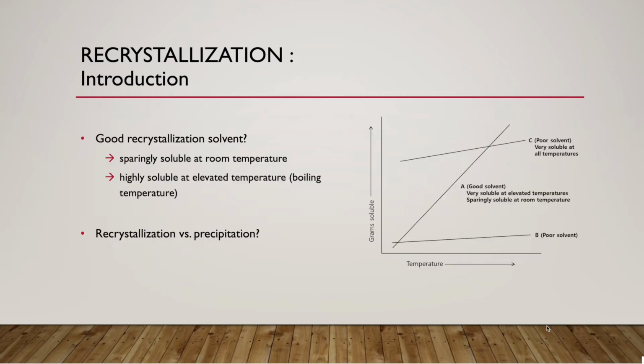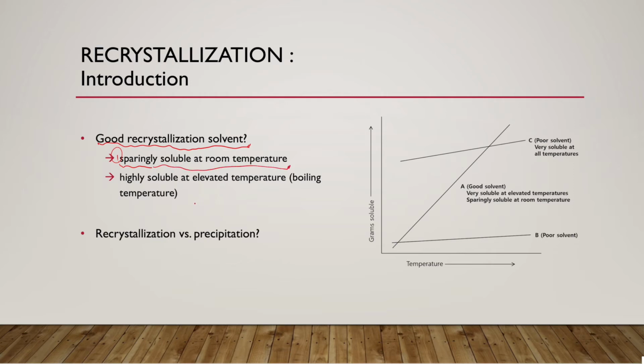So now, I mentioned the solvent. The choice of the solvent is a very critical factor in this recrystallization experiment. So we need to find a good recrystallization solvent for that specific compound. There are two conditions. First, the compound should be sparingly soluble at room temperature.